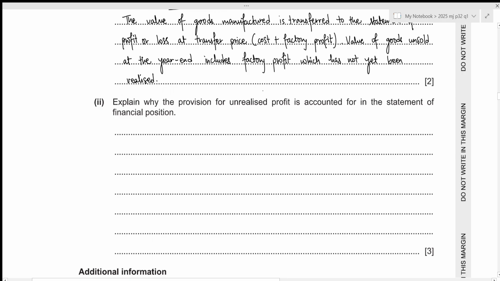We need to explain why the provision for unrealized profit is accounted for in the statement of financial position. So we can just explain three of the accounting concepts. The very first one is IAS 2. So according to International Accounting Standard 2, inventory should be stated at lower of cost and net realizable value.